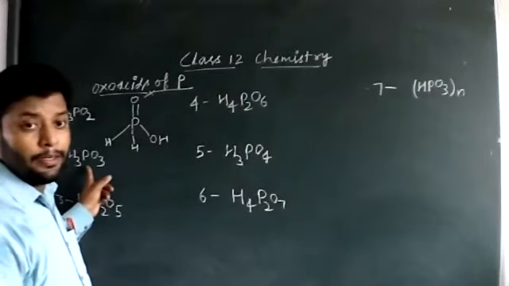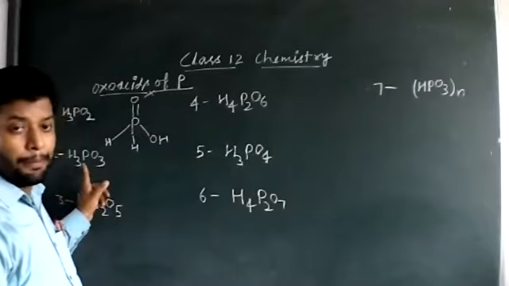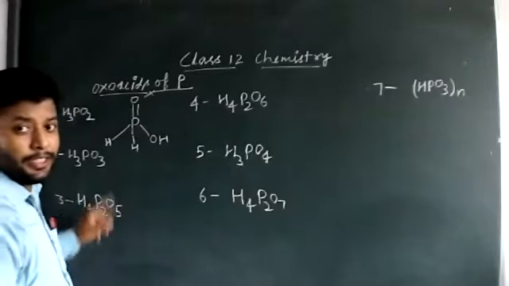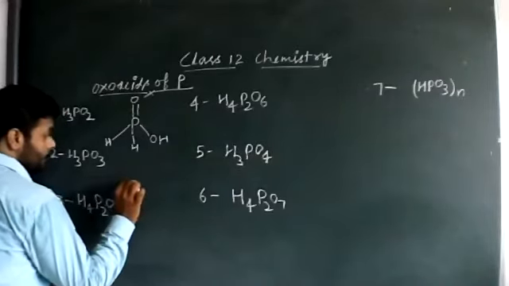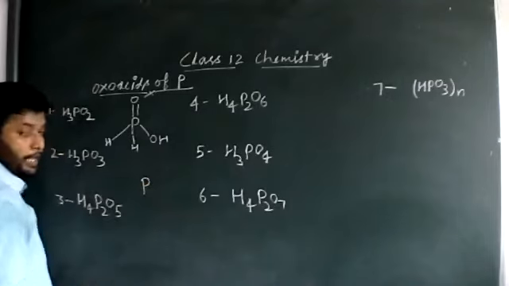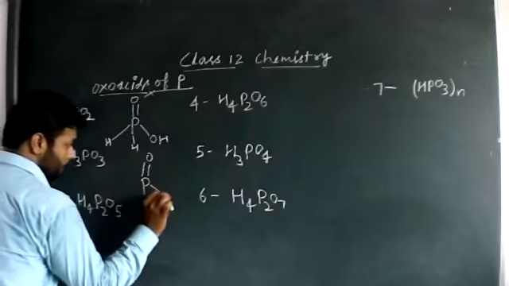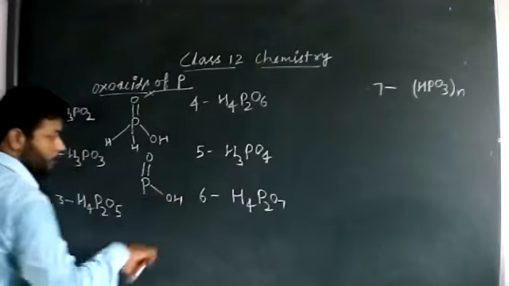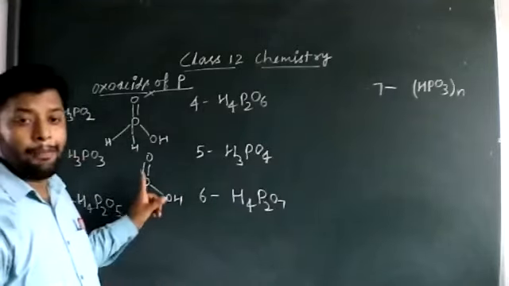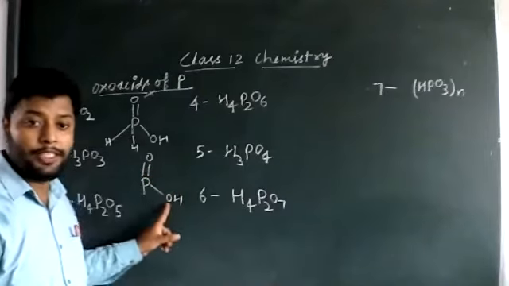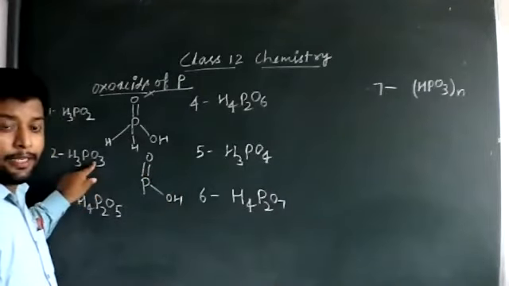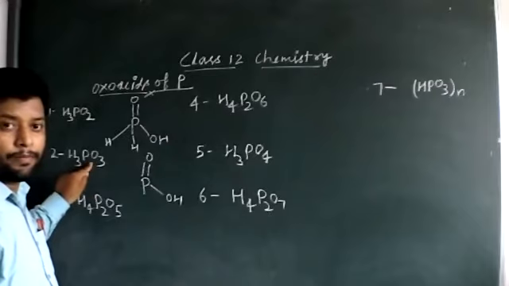For example, in the next case, that is called phosphorus acid. You can see the structure. Again, the same pattern. First, I will draw P double bond O, then OH. You can see here one more oxygen is present.